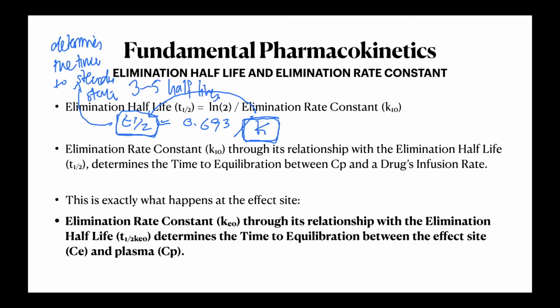This is exactly what happens at the effect site. So the elimination rate constant, KEO, through its relationship with the elimination half-life, called T1/2 KEO, determines the time to equilibration between the effect site and plasma.